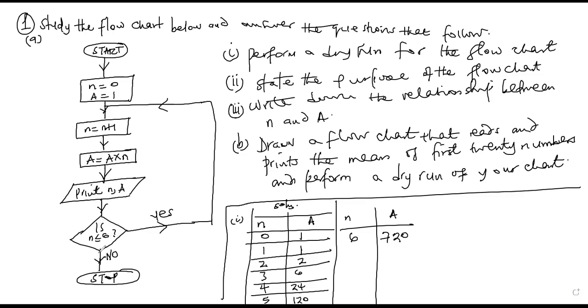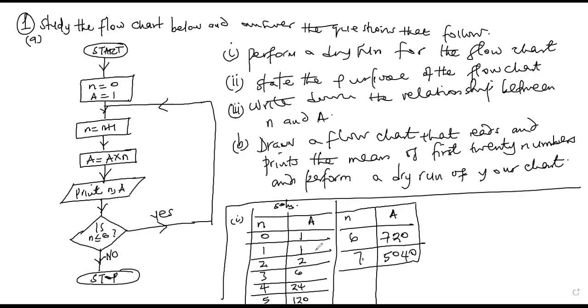If it is less or equal to 6, you have to continue and add until it gets greater than 6. But if it is no longer less or equal to 6, you stop. So meaning we still need to carry on one more iteration to get n as 7. When n is 7, you get this times this to get the value of a, which will be 5040. And that is where the machine stops.